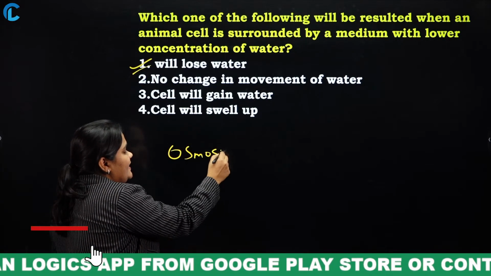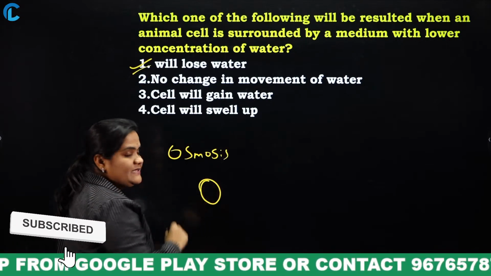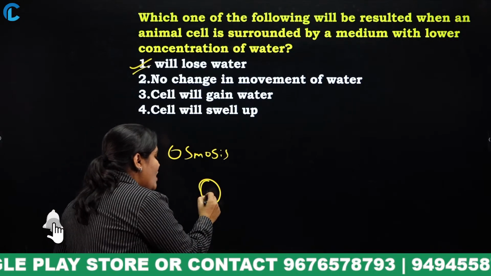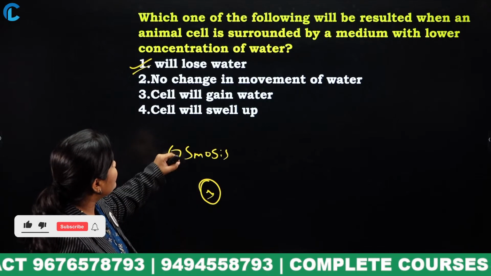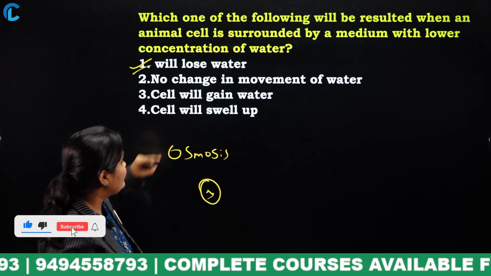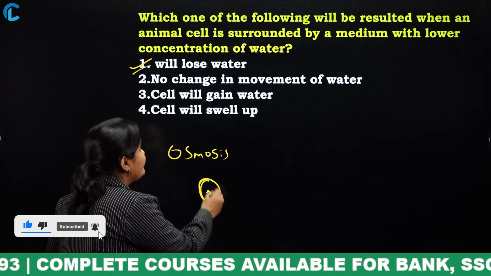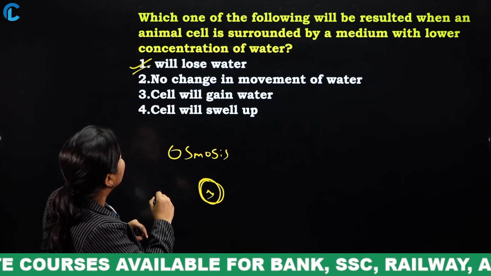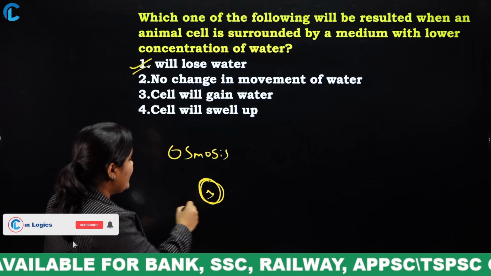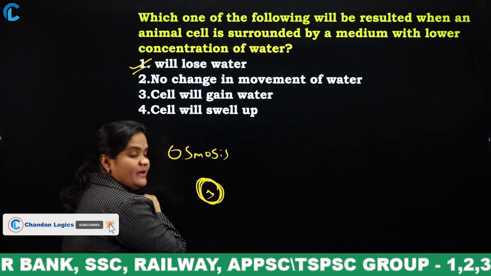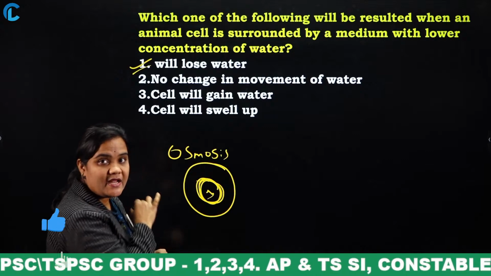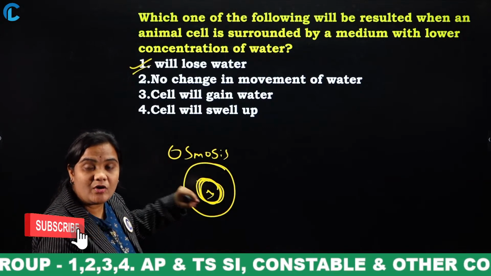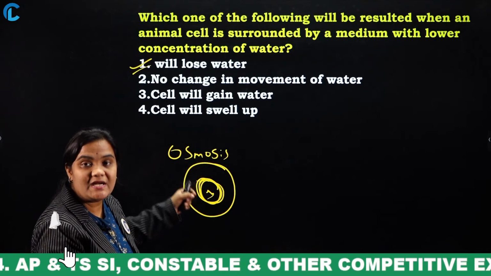It is given that an animal cell is surrounded by a medium. This cell consists of a higher medium concentration and it is surrounded by a lower medium concentration. So, when a cell is surrounded by a lower medium concentration, what happens?